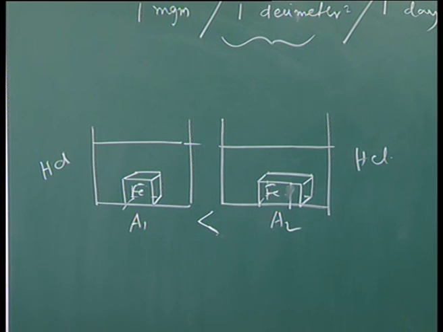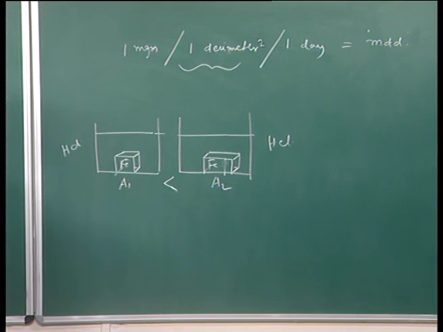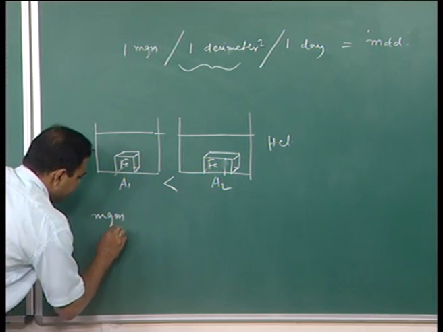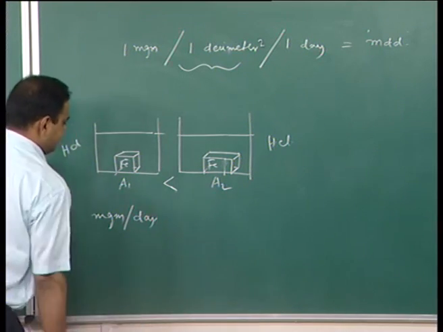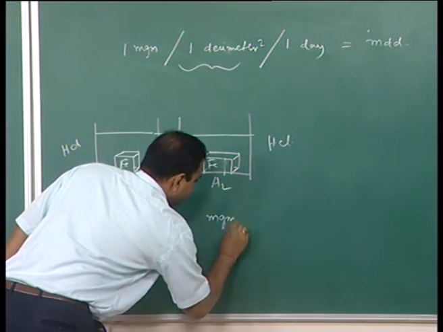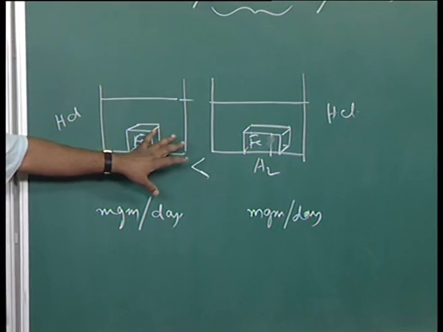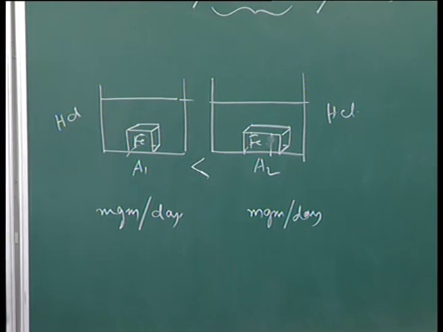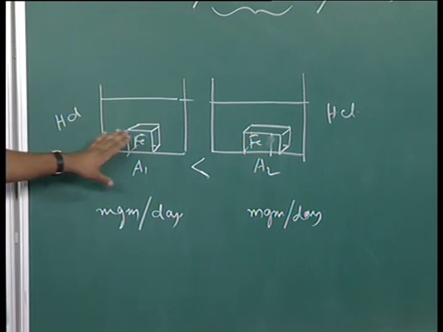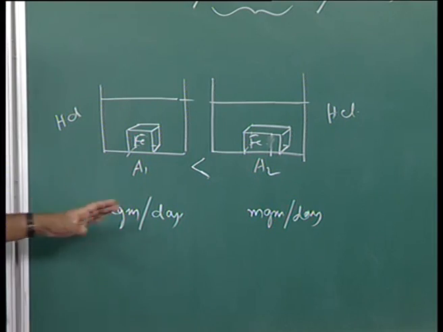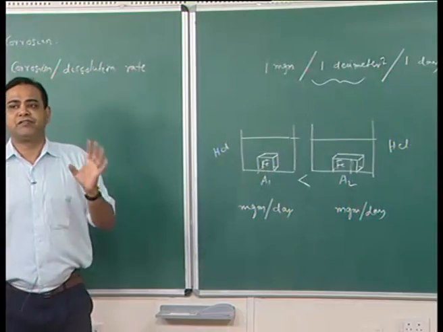Now, if you try to measure the corrosion rate in terms of weight loss per unit time, let us say milligram lost per day, in this case and in this case also, with the pieces kept for one day in the same solution. Since we are using the same metal and same solution, the only thing changed is the exposed area, but since the metal is same, we should get the same corrosion rate.